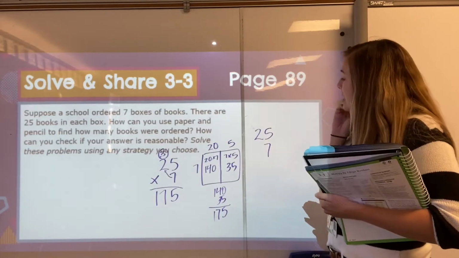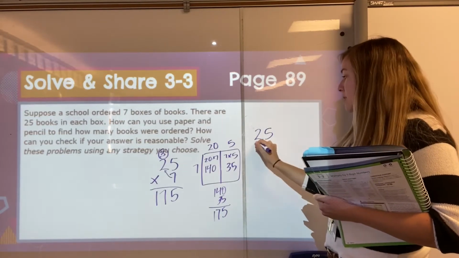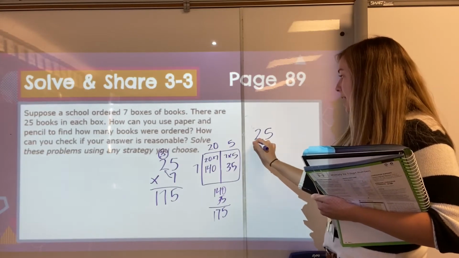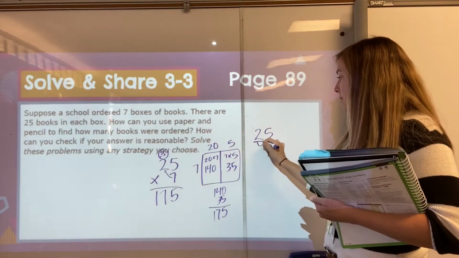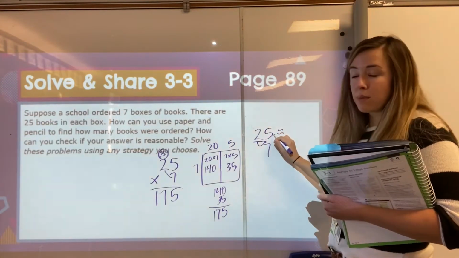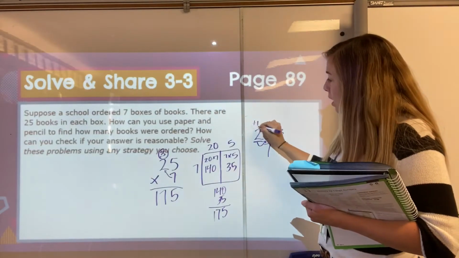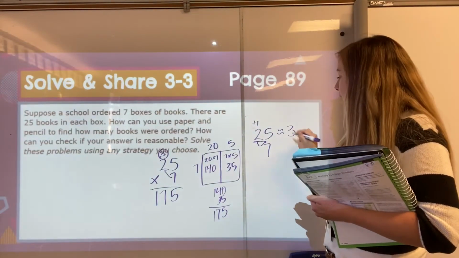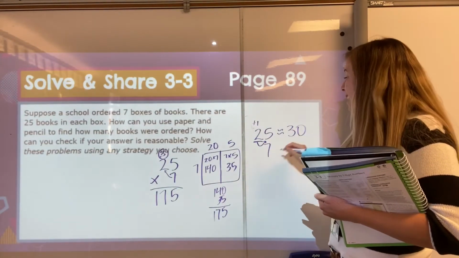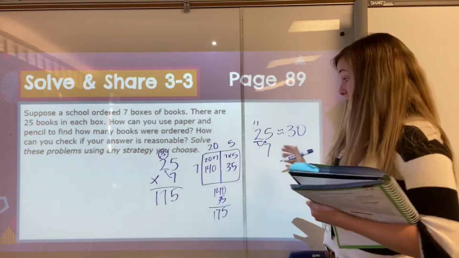I think we could just round to the nearest 10, the tens place. So if I look at my 2, I'm looking at my 5. Well, if you think back to yesterday's assignment, 5 through 9, we add 1 more. So my 2 plus 1 gives me 3, and we zero it out. Now, because it's a 0, I think we can leave our 7 alone. I don't think we need to mess with it at all.